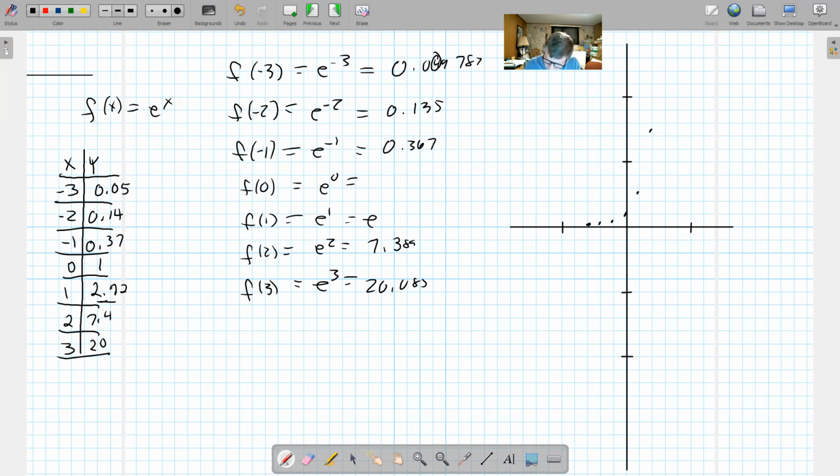When x is 3, y is 20, which is off the graph. So it looks very much like 2 to the x, 3 to the x, etc. But you need to come up with the values using your calculator and that e to the x button, which again is the second function key of natural log, or LN.